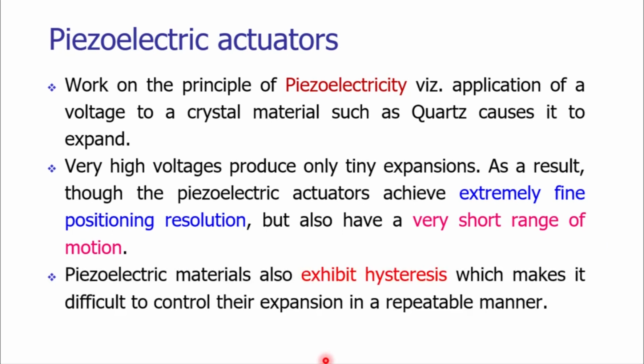One more limitation of the piezoelectric actuator is that they exhibit hysteresis. They do have an inherent error problem, which makes it difficult to control their expansion in a repeatable manner.